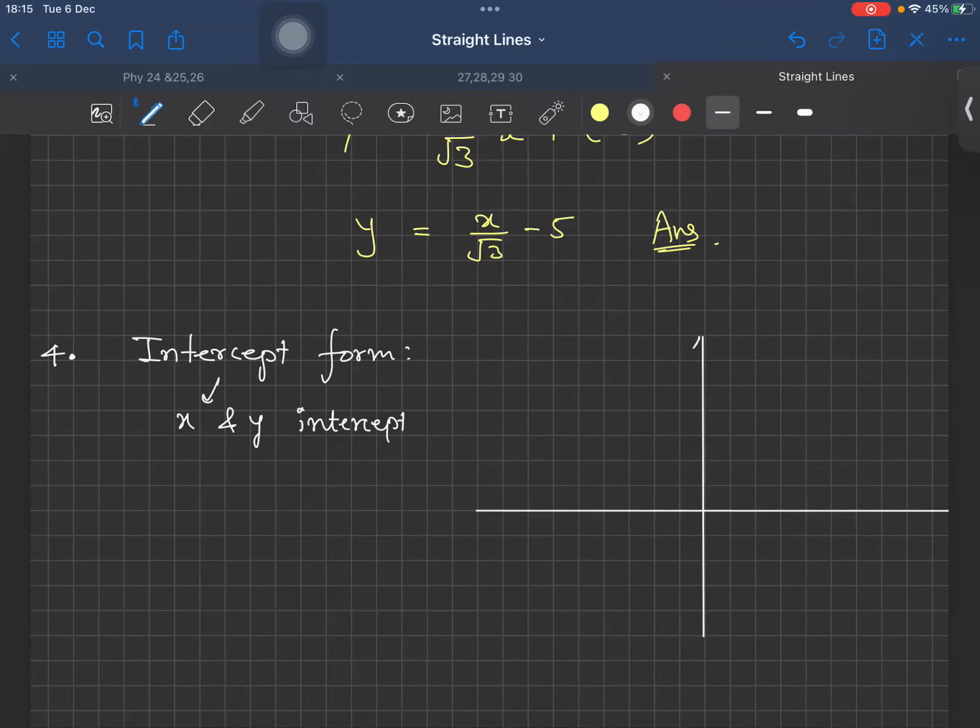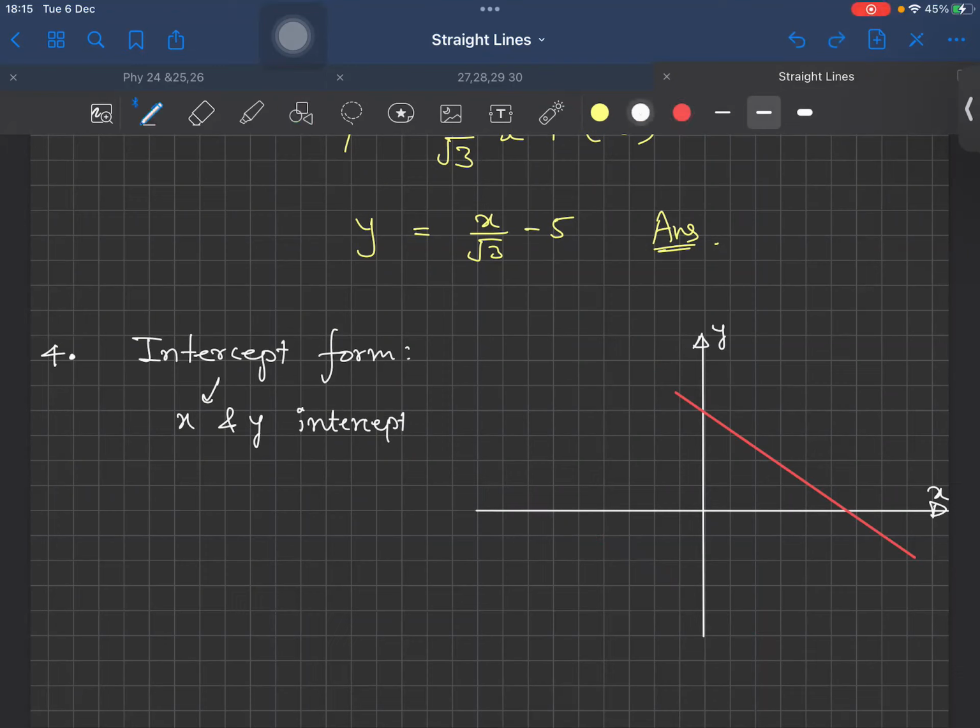All right, y, x. See, if you have doubts, please keep asking. No need to be shy. Let's draw a line like this. It can be anywhere, it doesn't matter where it is.